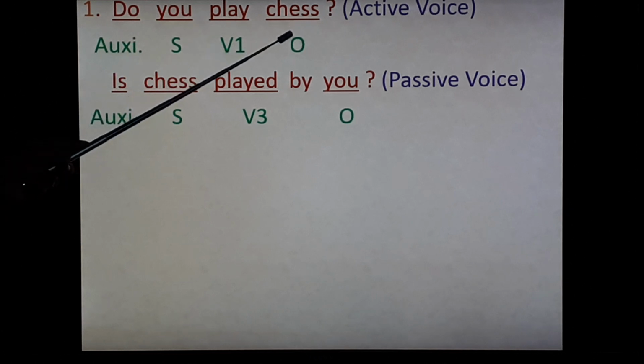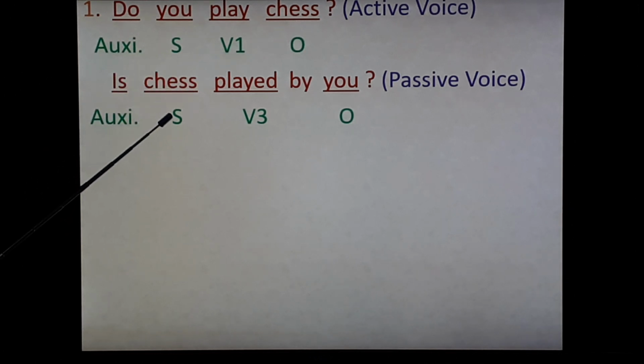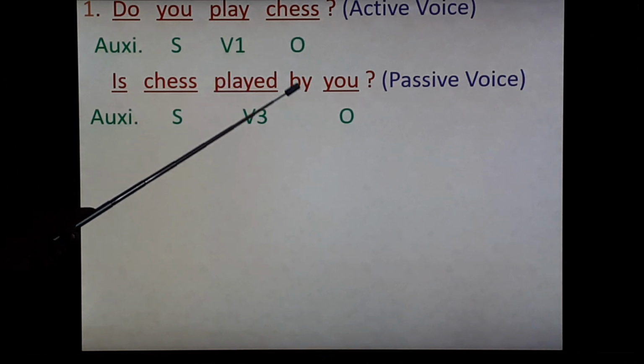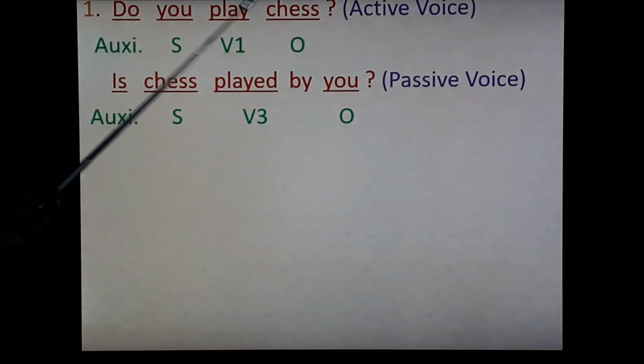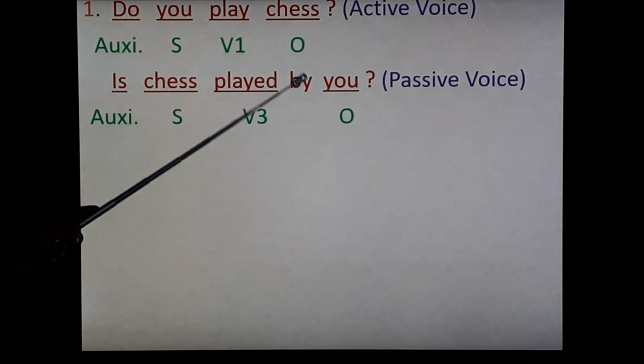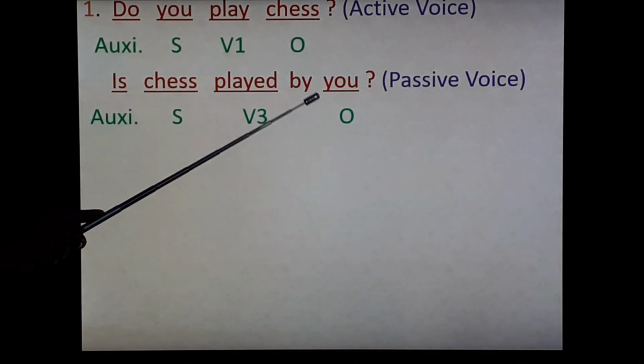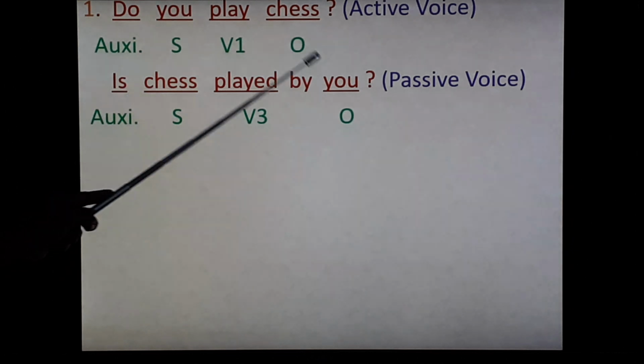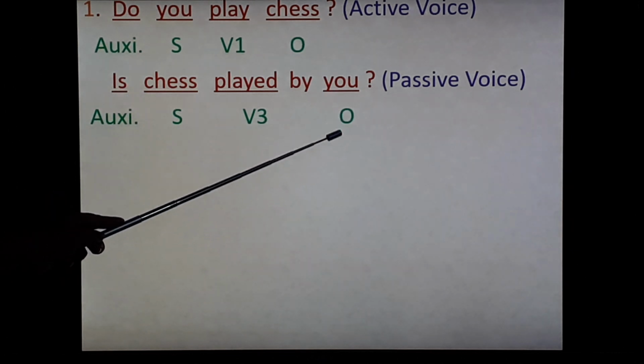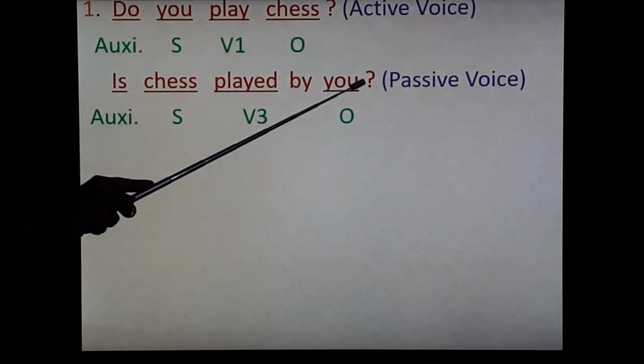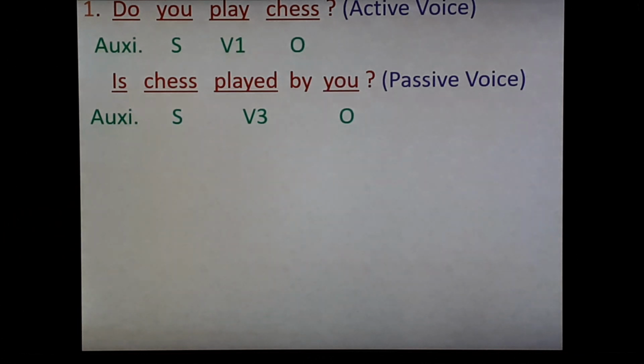This object will be the subject in passive voice. So chess, then the V3 form of the main verb play, played. Then you have to add by and then you. You remains you, the same in active and passive. So you is given and that is an object. Then you have to put a question mark. So this is passive voice.